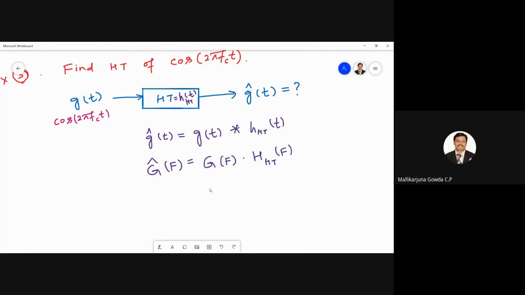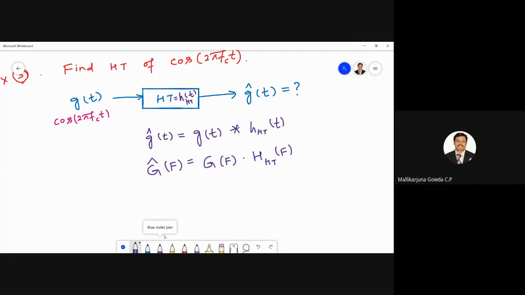I will give 2 or 5 minutes. I expect you to say the answer for at least the Fourier transform of cos 2 pi fct, then other things. Yes, Girish, is it possible to say what is the Fourier transform of cos 2 pi fct? By this time you should be able to tell us.